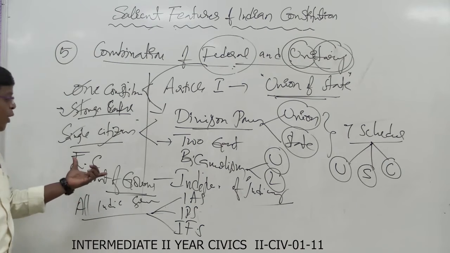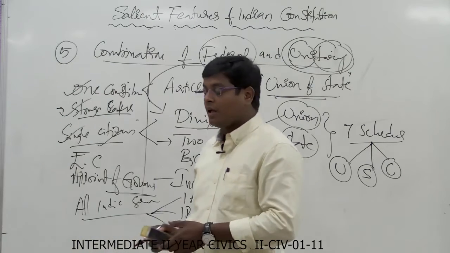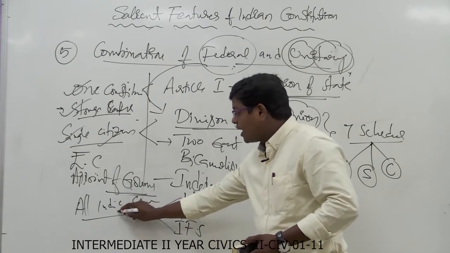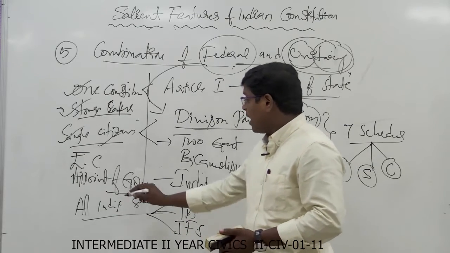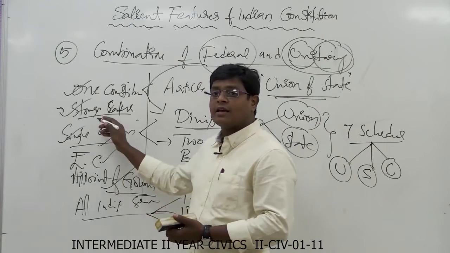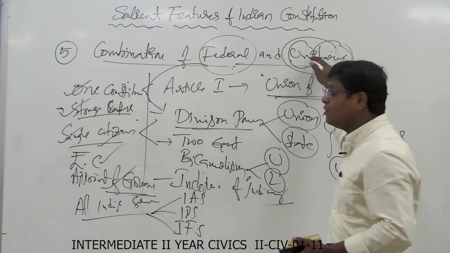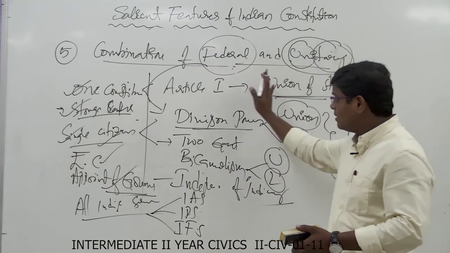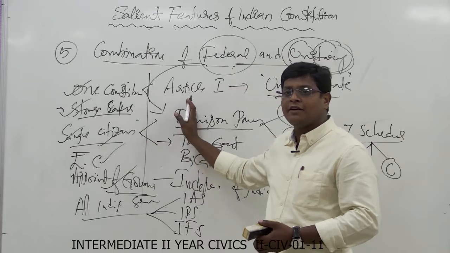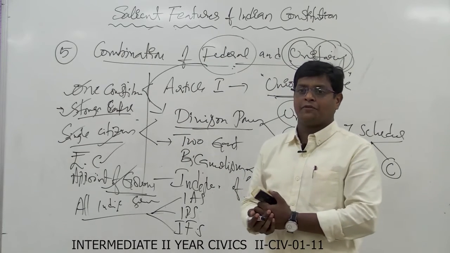They are appointed by the President of India, but they work in the states. That is why the appointment of all India services, appointment of the governor, election commission, single citizenship, and integrated judiciary all come under unitary features. That's why our Constitution of India consists of both unitary features as well as federal features.